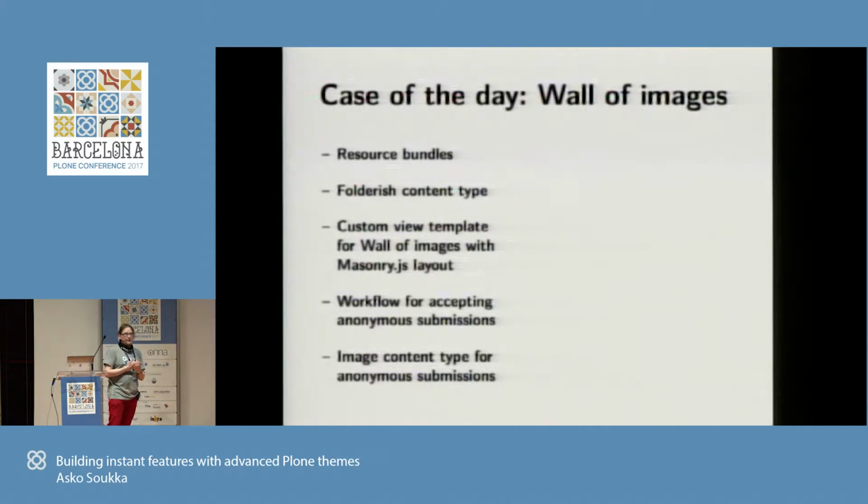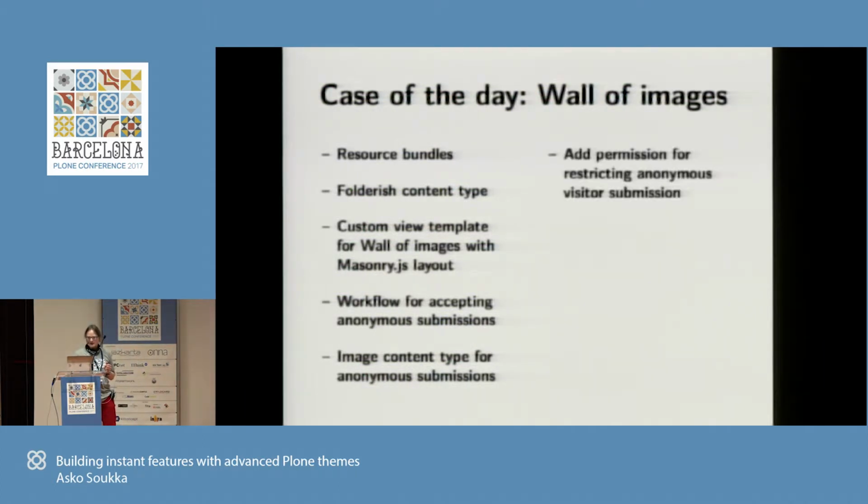We also have placeful workflow, so you can activate a different workflow policy for different folders. But it's more advanced, I think. And to be a little bit more secure, we also added a custom permission to only apply for that new custom content type, to be really sure that we only allow anonymous users to add that content type, even if they know some magic URLs in Plone.